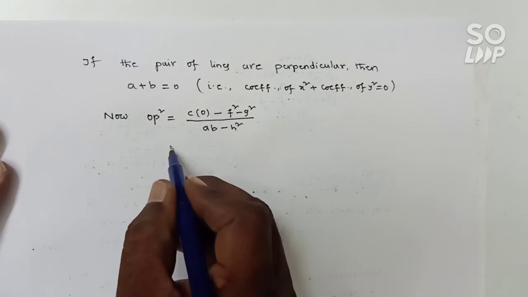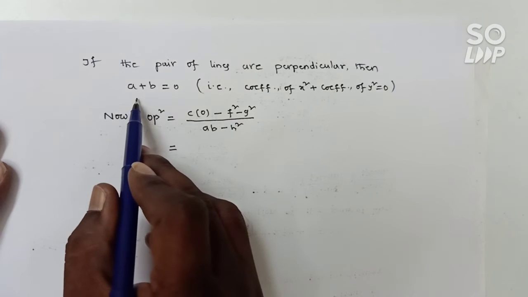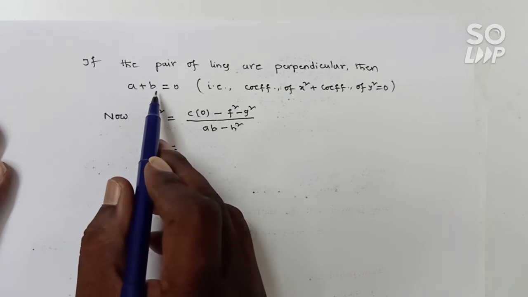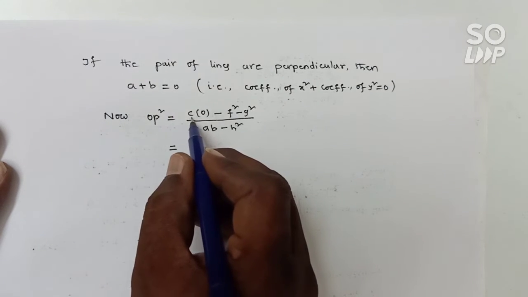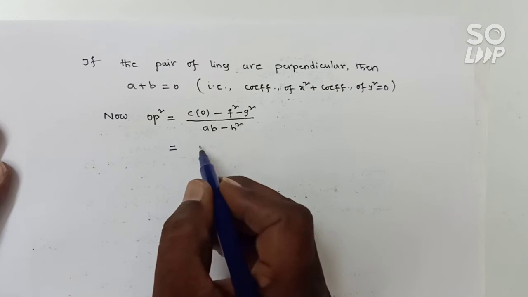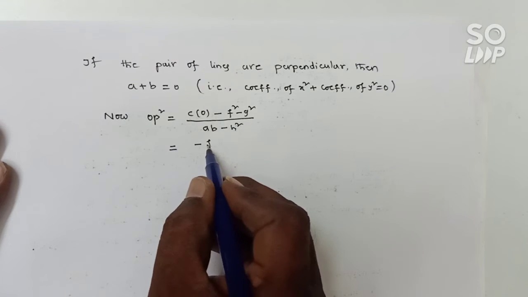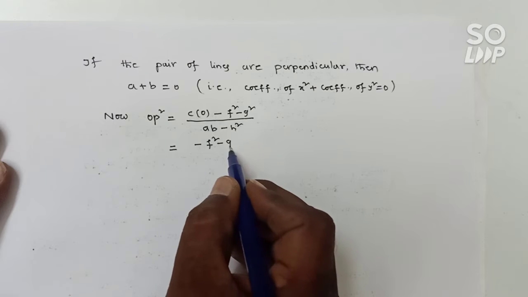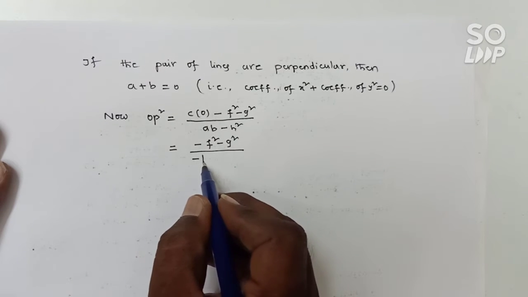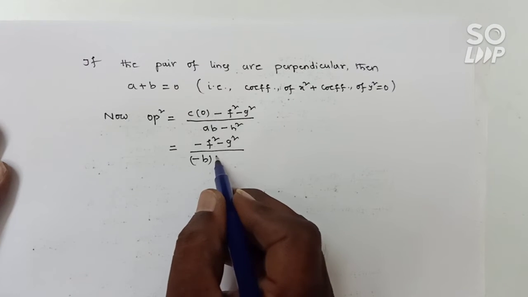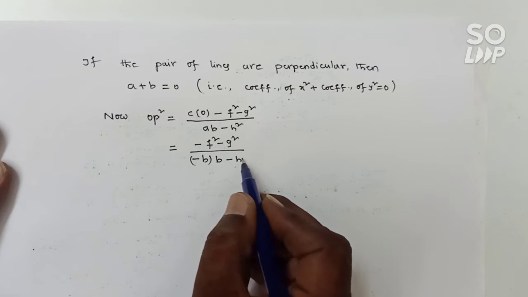Right? Now from the above result we can write that A is equal to minus B. Here C into 0 is 0, minus F square minus G square, whole divided by minus B into B minus H square.